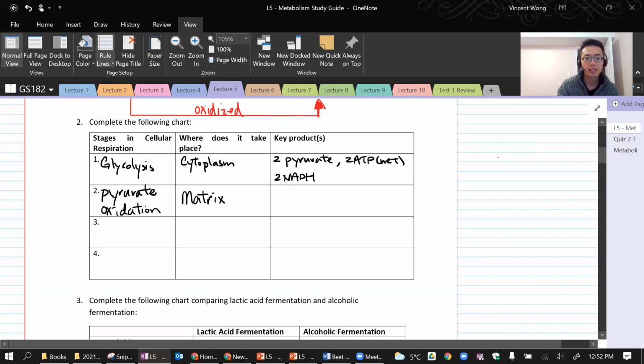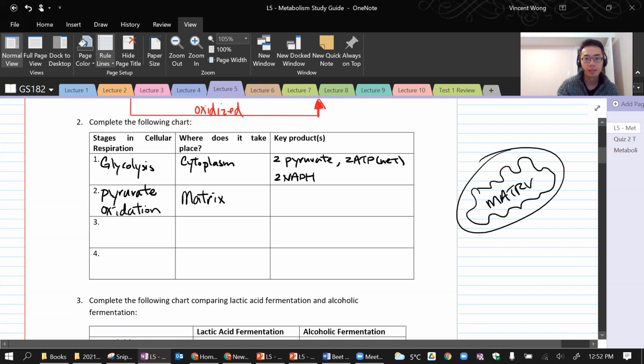The matrix is the inside of the mitochondria, right? Matrix. And we will have 2 carbon dioxide, 2 NADH, and 2 acetyl-CoA. Those are the major products.